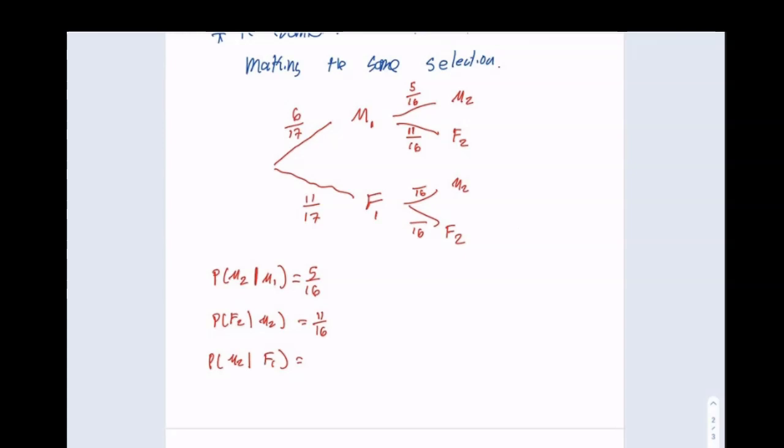How many males do I have left? Yeah, I have 6. I have 6 males still. I haven't selected any males. I started off with 6 males. I still have 6 males because I only selected a female out of there. So the females is going to decrease. So I get 6 out of 16. So that is the probability I select a male second, given that I selected a female already.